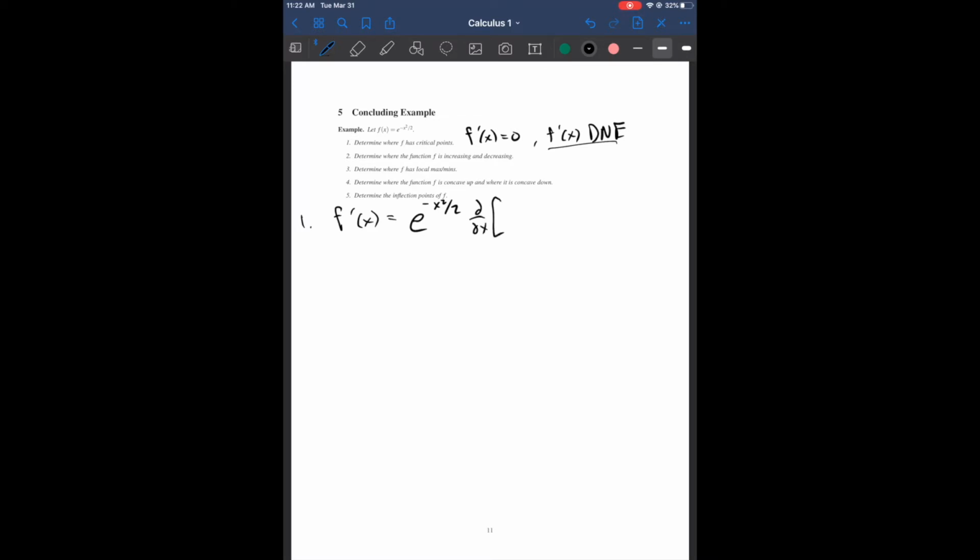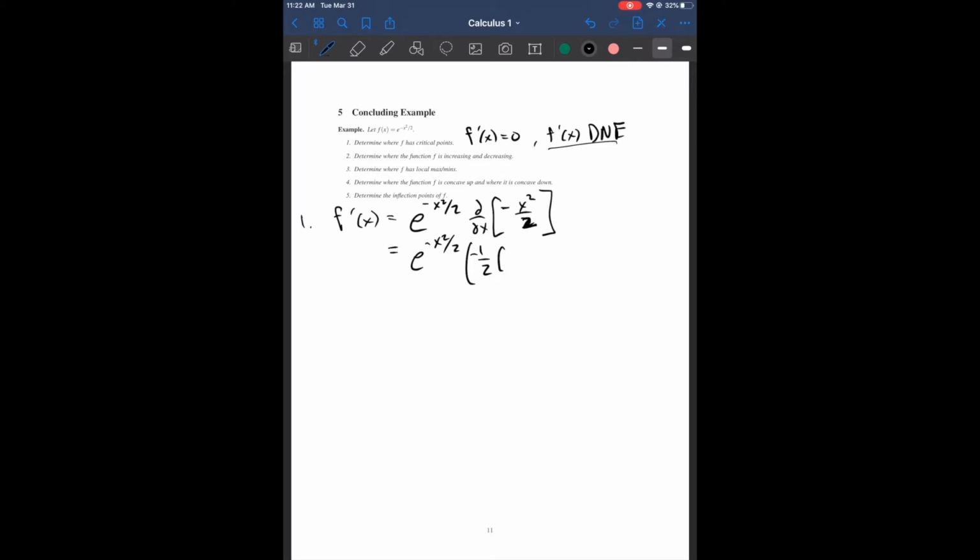Now I need to multiply by the derivative of the inside function, which we said was this minus x squared over 2. Okay, so now we have that part left to do. So notice this minus and this over 2 part, those are just a constant. That's essentially like having a minus 1/2 out front.